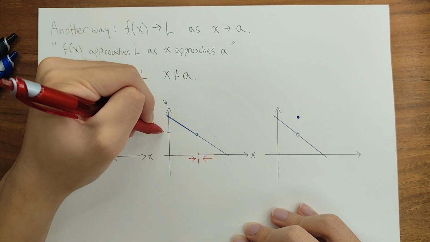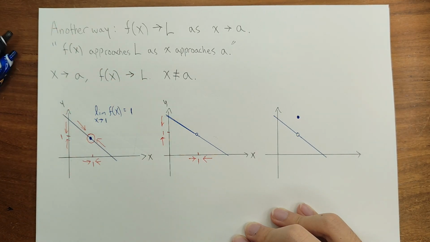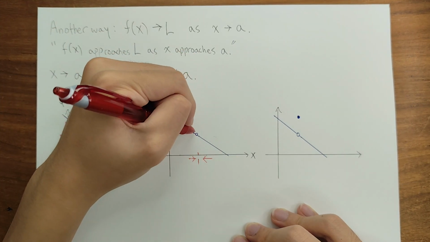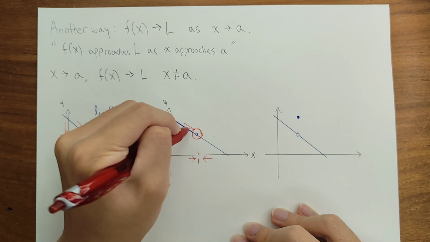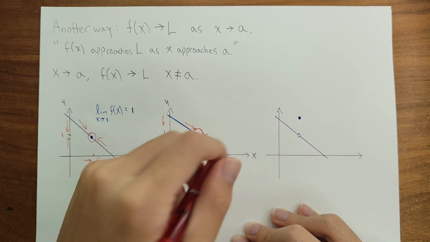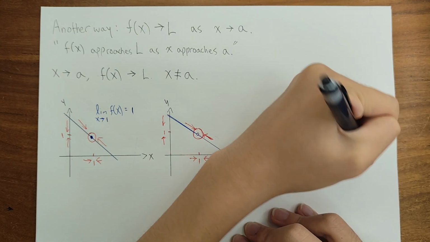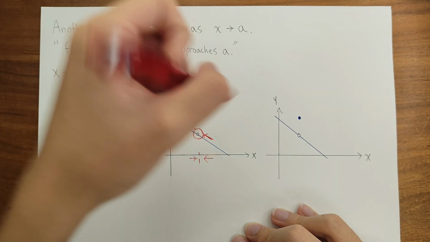And f(x) is still approaching 1. Even though we have an empty circle, it is still approaching 1.